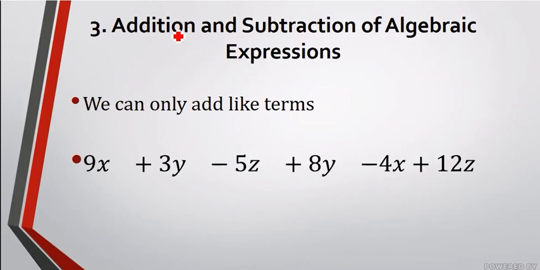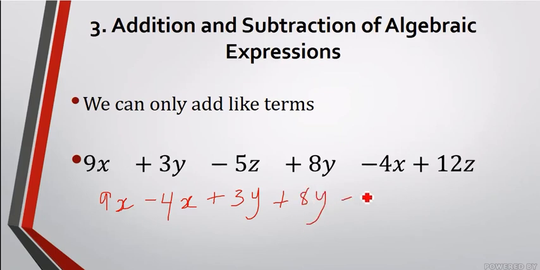How do I approach this sum? The first thing I am going to do is group my like terms together before I add or subtract. So I'm going to have 9x minus 4x plus 3y plus 8y minus 5c plus 12c.